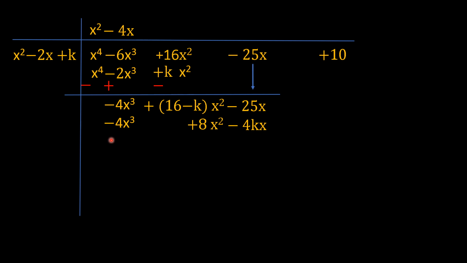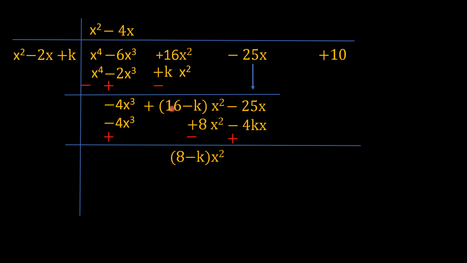After that we will change the signs. This minus will become plus, this plus will become minus, this minus will become plus. Now minus 4x cubed plus 4x cubed will be 0. Now this will be (8 minus k)x squared.